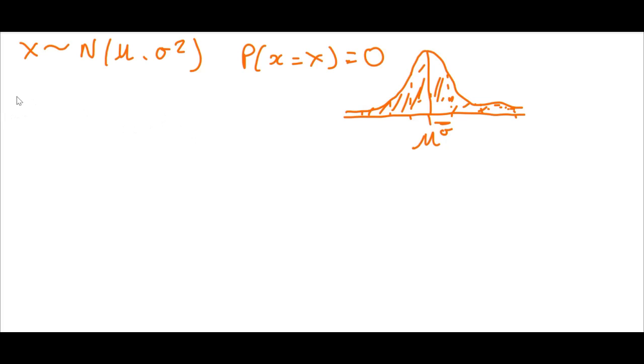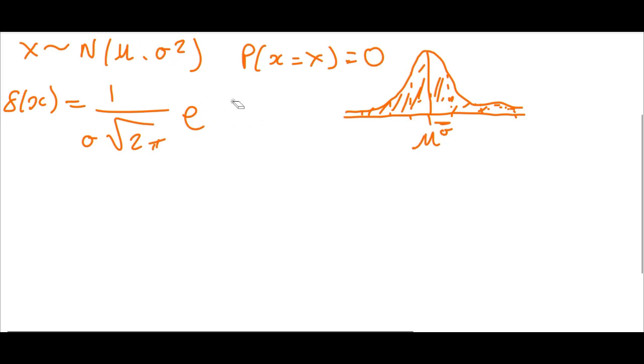So the PDF is given by f of x is equal to 1 over sigma square root 2 pi, e to the minus a half, x minus mu over sigma, all squared. Okay, so that's just if you're interested.